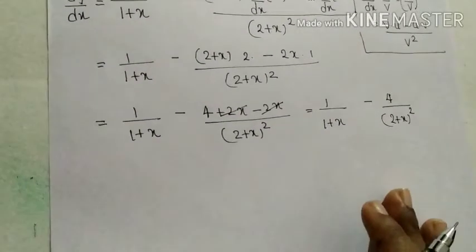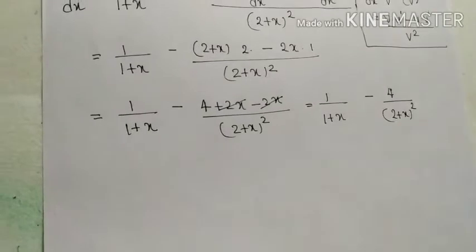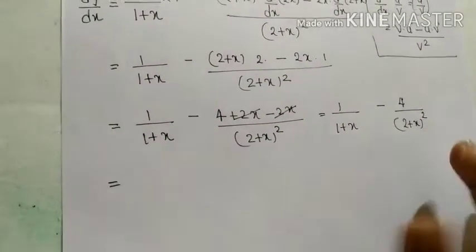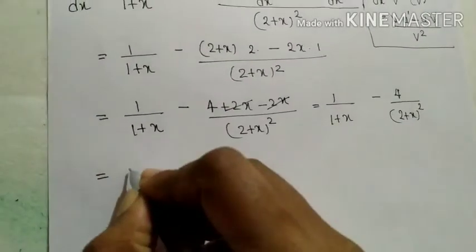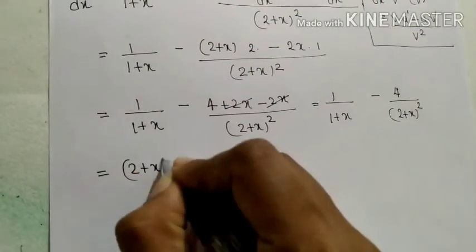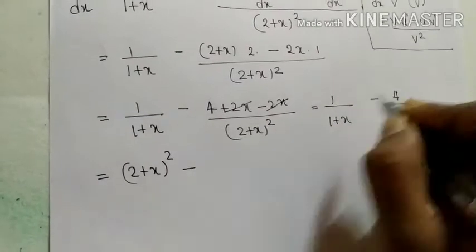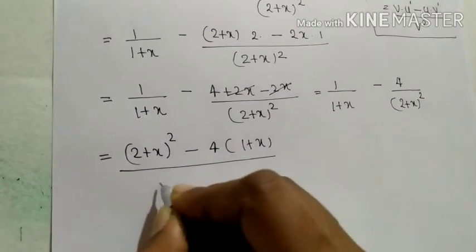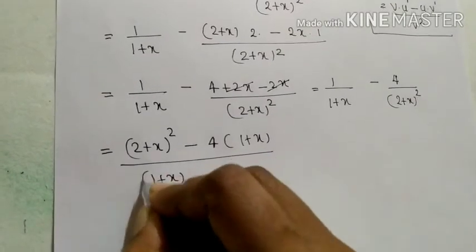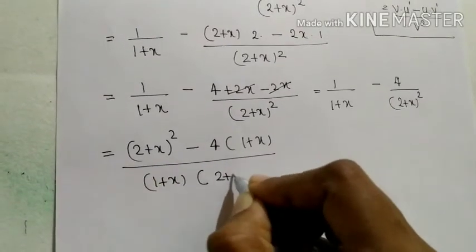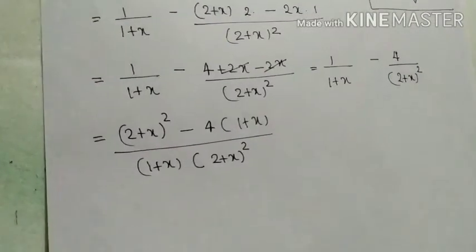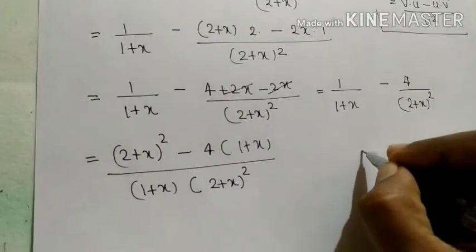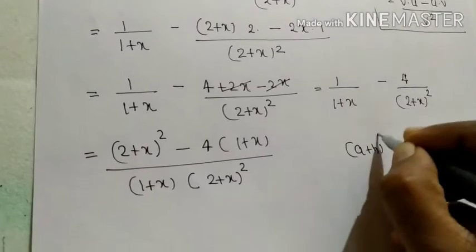Okay. So next I am going to cross multiply this. We get 2 plus x whole square minus 4 into 1 plus x, whole divided by 1 plus x into 2 plus x whole square. What is the expansion of a plus b whole square?